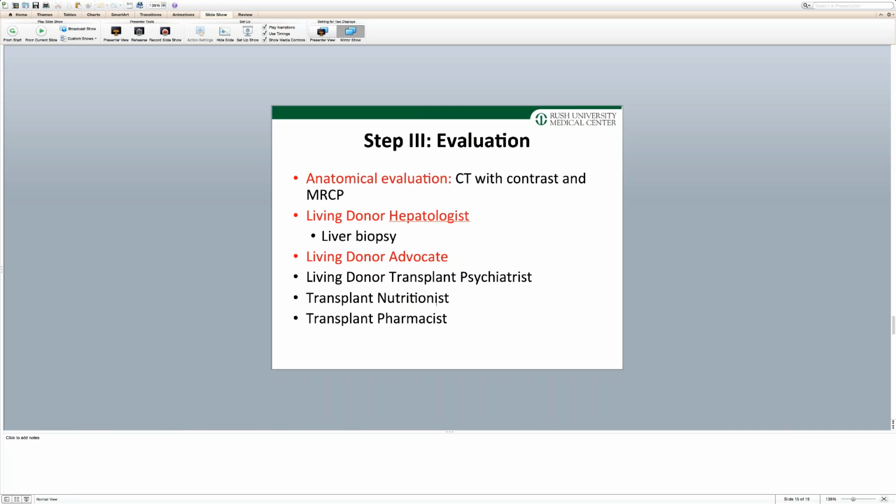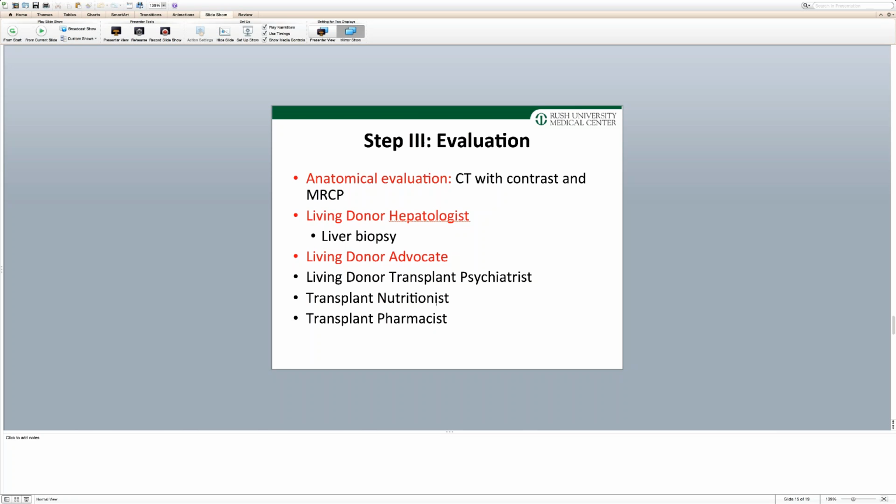The donor advocate is knowledgeable about the risks and benefits associated with all phases of the donation process and promotes the best interest of the potential living donor, advocates for his or her rights, and will assist any potential donor in obtaining and understanding all the information regarding the consent process, evaluation process, surgical procedure itself, and benefits and need for the specific follow-up after the donation. Also during this step, the patient meets with a living donor transplant psychiatrist, transplant nutritionist, and transplant pharmacist.